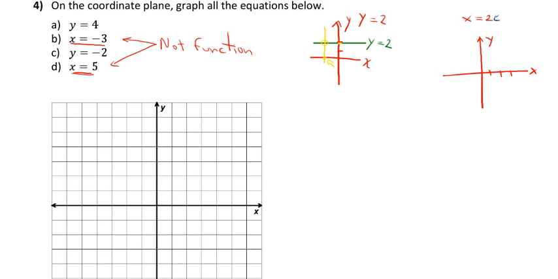So x on the x-axis, 2 is here, and so the line is going to pass vertically through that point. Like that. So this would be x is equal to 2.